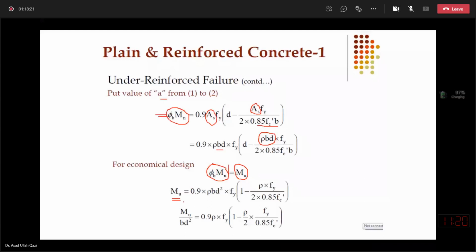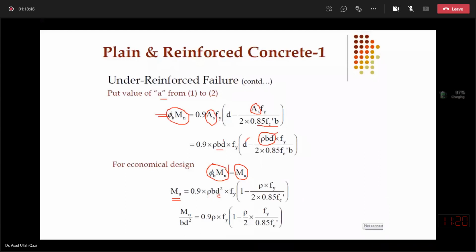So this equation can now be rearranged, as you will see that this d was present here and also over here. So this d is brought common outside. Since d was already present, it became d square.